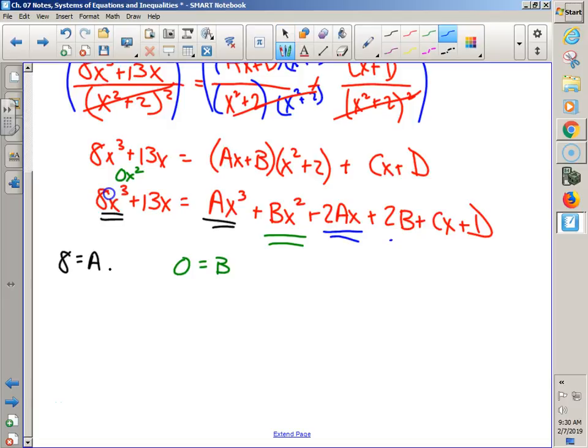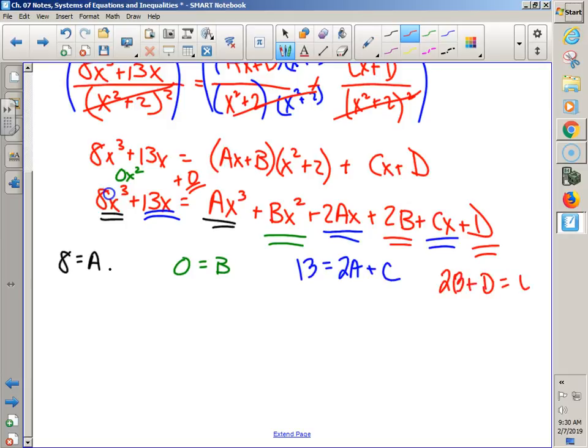Now we have x and cx, right? Have to combine to be 13. So 13 had to come from c. And who's our last guy? Well, we have 2b and we have d, and we have no constant over here, right? So then 2b plus d had to come from 0.